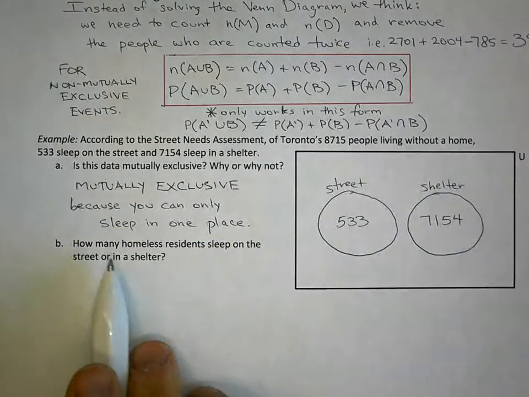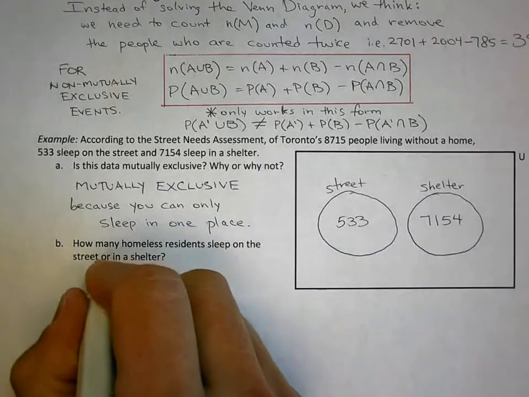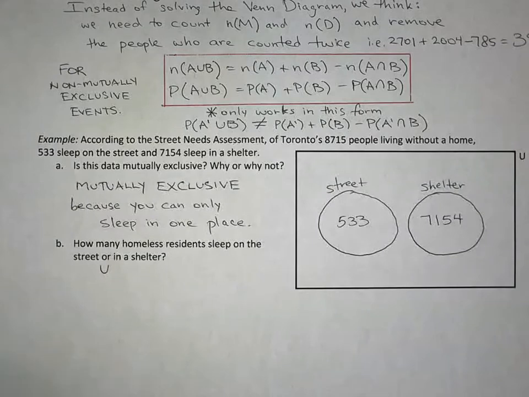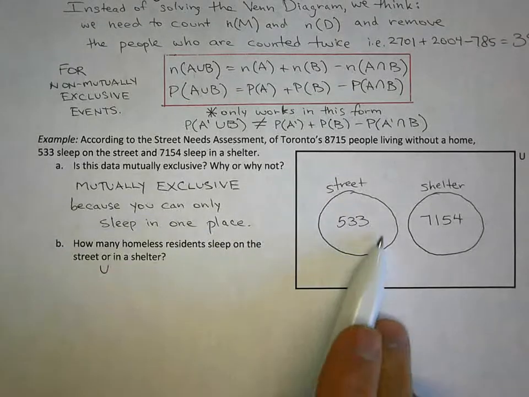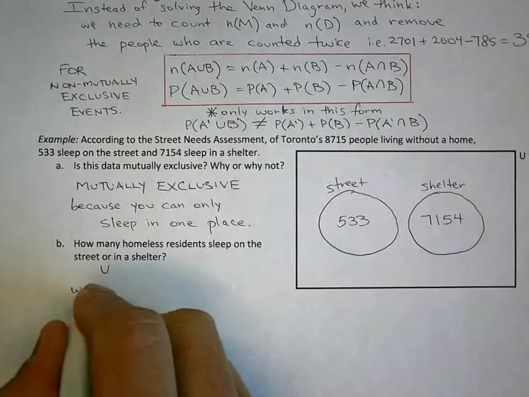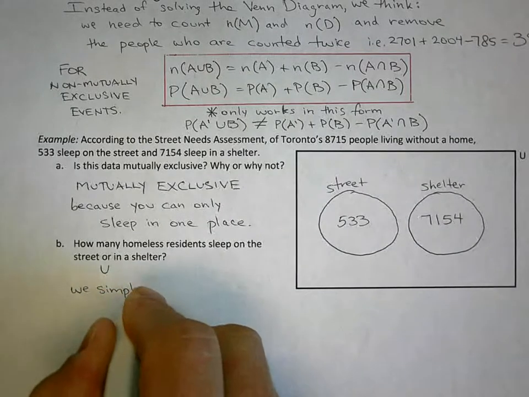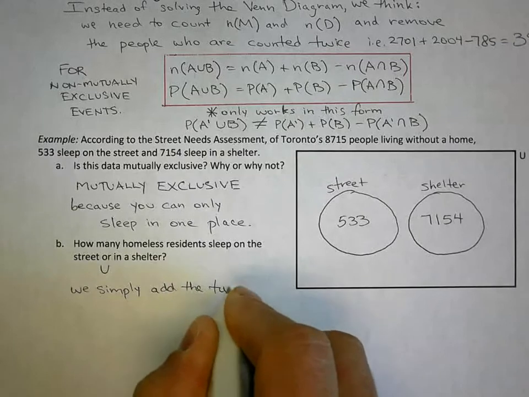Okay, so now how many homeless residents sleep on the street or in the shelter? So this is that union idea. Before we talk about the addition rule, let's just reason through it. Well, one or the other would be taking 533 and adding 7,154. We simply add the two events.